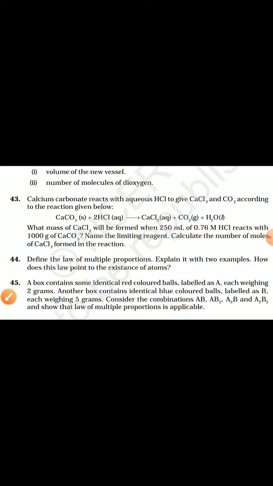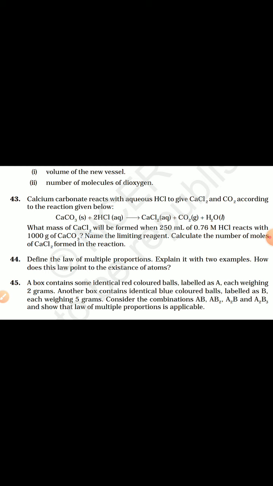Then question number 43. Calcium carbonate reacts with aqueous HCl to give calcium chloride and CO2. According to the reaction, CaCO3 plus 2HCl gives CaCl2 plus CO2 plus H2O.